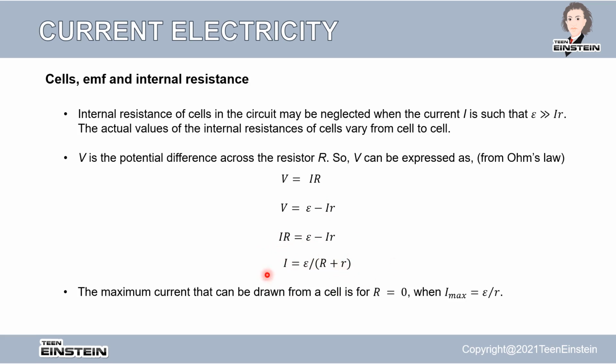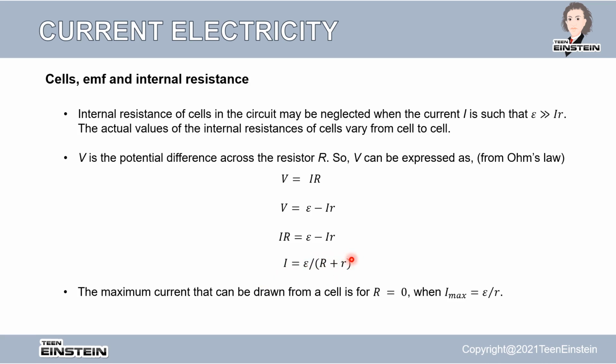So what does this equation tell you? I is the current that is drawn from the cell, which is equal to epsilon divided by R plus r. So if you have a cell which has an internal resistance small r and you connect an external resistance capital R, the current flowing through the circuit can be calculated by dividing epsilon, the electromotive force of the cell, by the sum of both resistances.